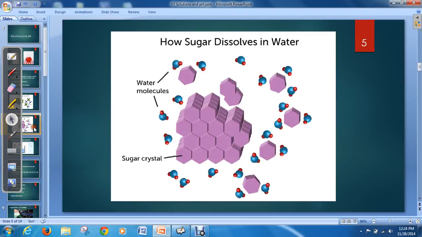And even something like sugar, for example, which is not an ionic compound, it's not charged, water can still dissolve this because it can take crystal structures like there are in sugar and surround them and break them apart. So no matter what it is, water is very good at dissolving. As long as there's enough water, it usually can dissolve most substances.